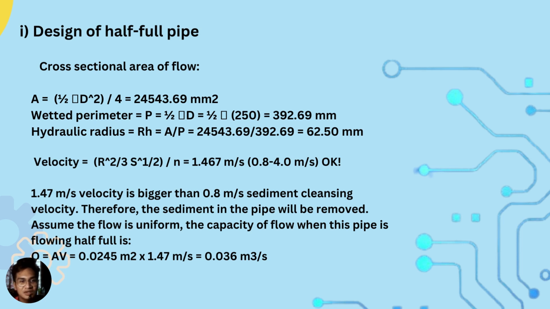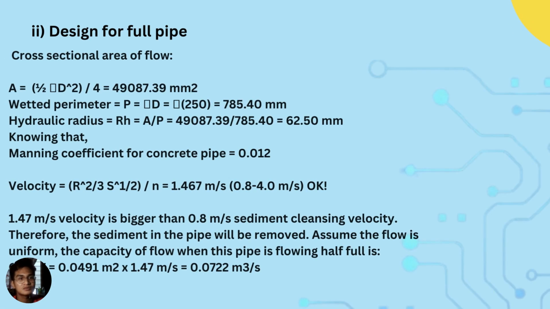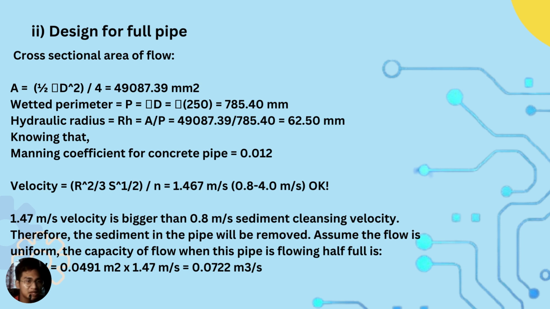And the velocity we got 1.467 m/s, which is bigger than 0.8, the sediment cleansing velocity. So the sediment in the pipe will be removed, and we assume the flow is uniform. The capacity of the flow when this pipe is flowing half full, Q, we got 0.036 meter cube per second.